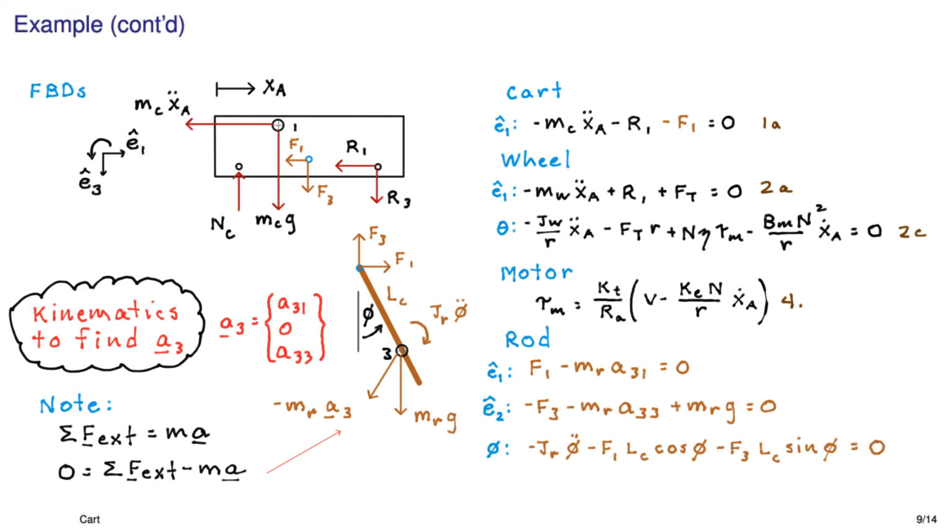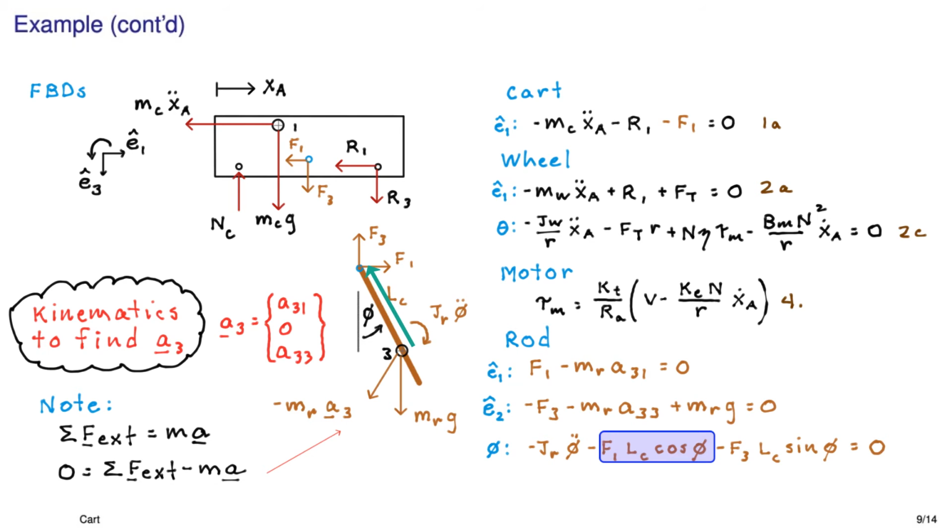Now, to get that, you have to do a little bit of, how should I say, R cross F sort of thing with the F1 and F3 force. So for instance, if you look at the F1 force, you have an R vector from the center of mass, the point 3, up to F1. And you have to cross that R with the F1 and figure out what that moment is.